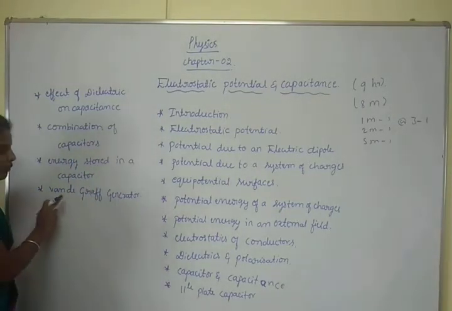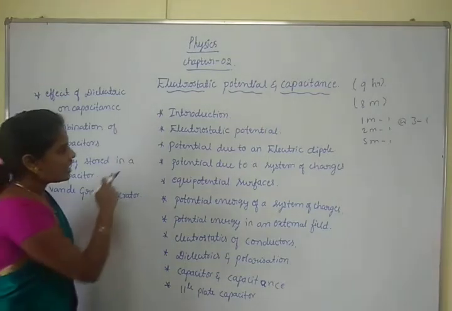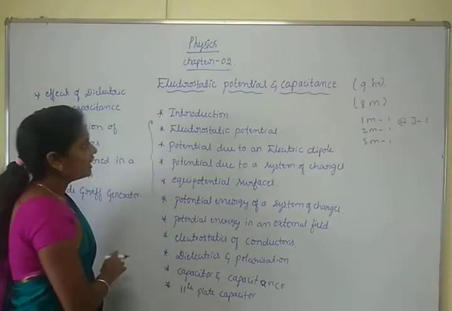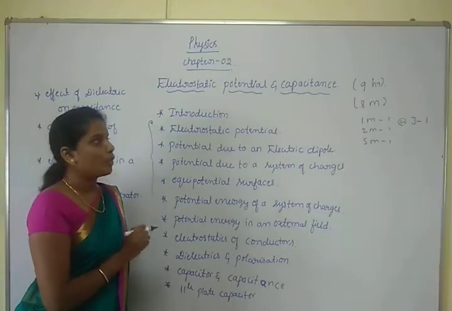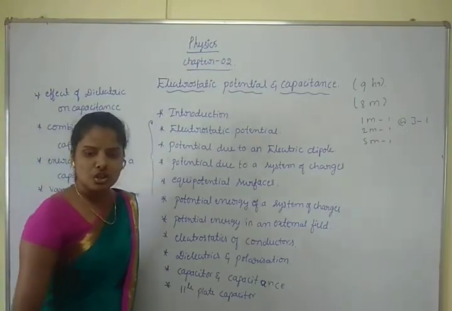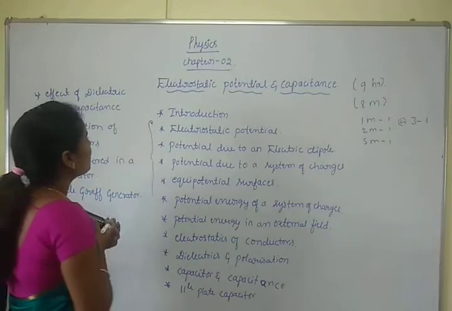The last one is Van de Graaff generator. These are the contents studied in this chapter, electrostatic potential and capacitance. So let us continue one by one.